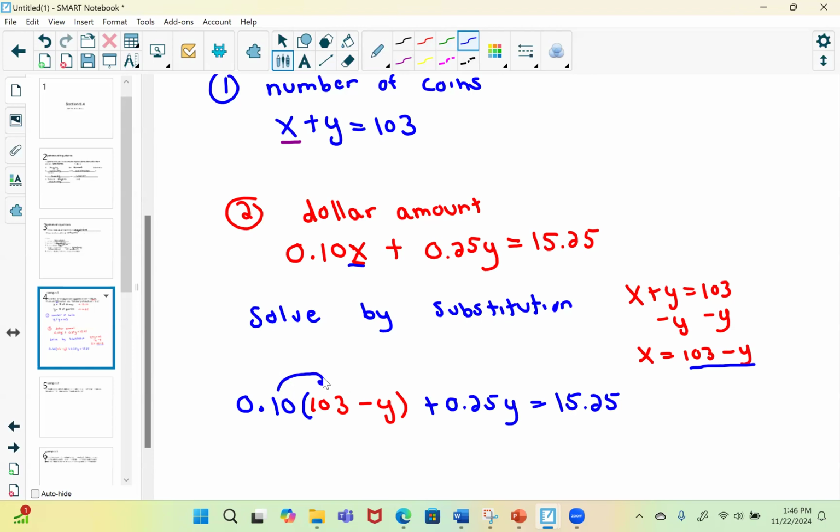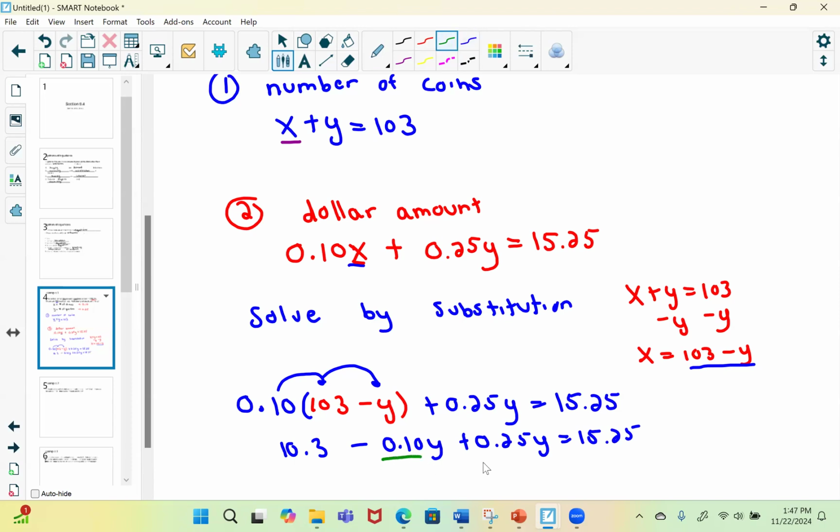So the first thing is I have to distribute my 0.10. Okay, so if I do that, we're gonna leave these as decimals. I get 10.3 minus 0.10y. Okay, I did 0.10 times 103, which is 10.3, plus 0.25y equals 15.25.